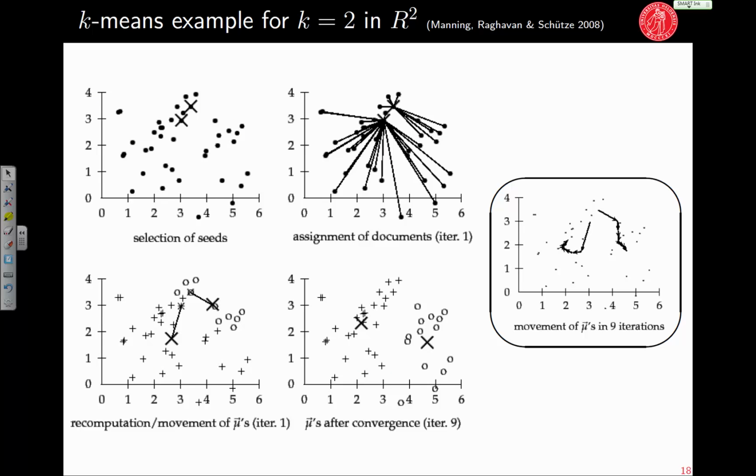Then we assign the different points here to the nearest centroids, because now we take these two as centroids of our clusters. So we do this assignment and we recompute the centroid. After assigning, now we have actual objects belonging to the cluster, and so we can compute its actual centroid.